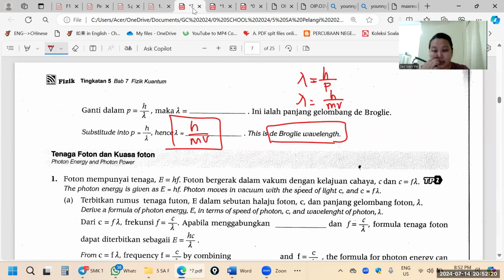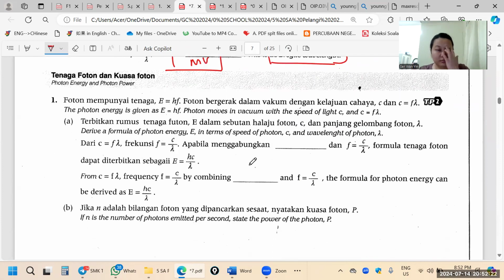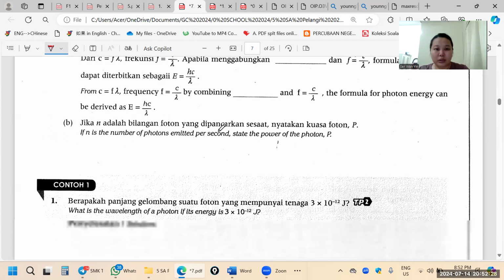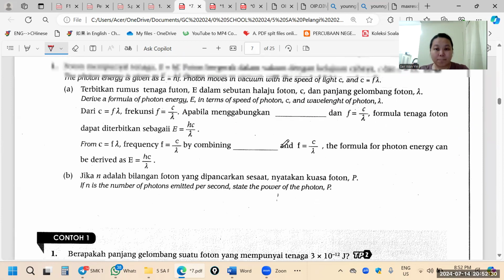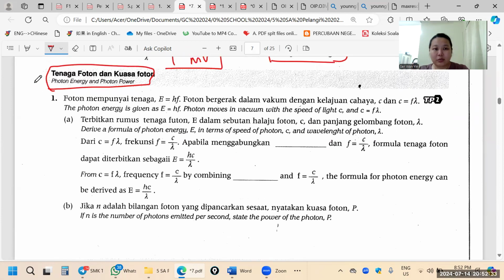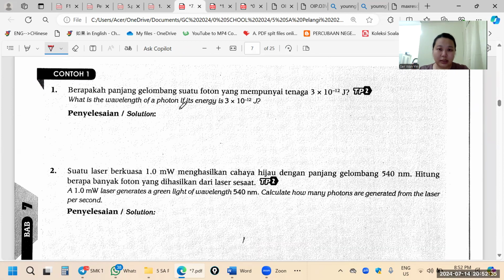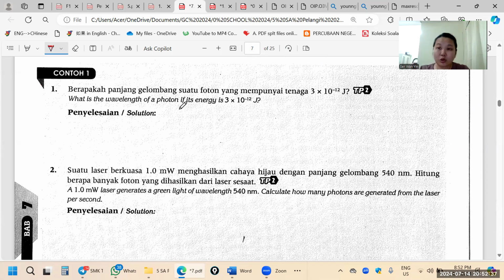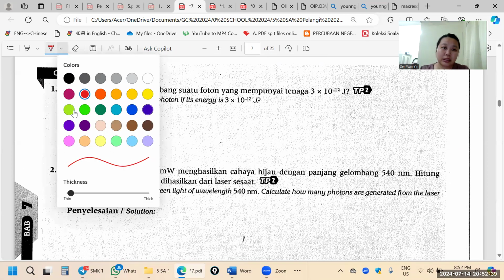Okay, so now let's look at calculations. Photon energy and photon power. This one we leave first. We need to look at the question, very easy.